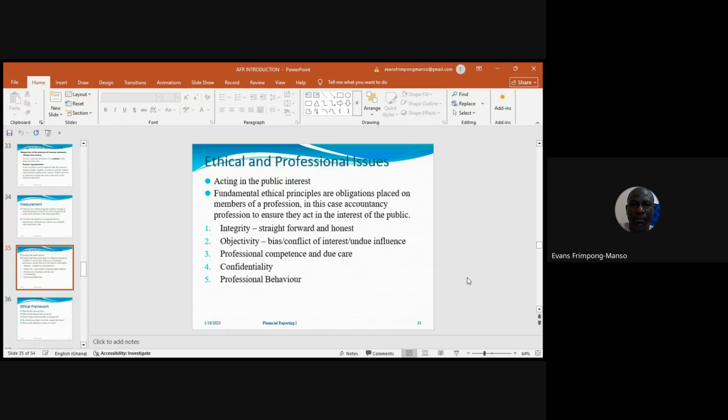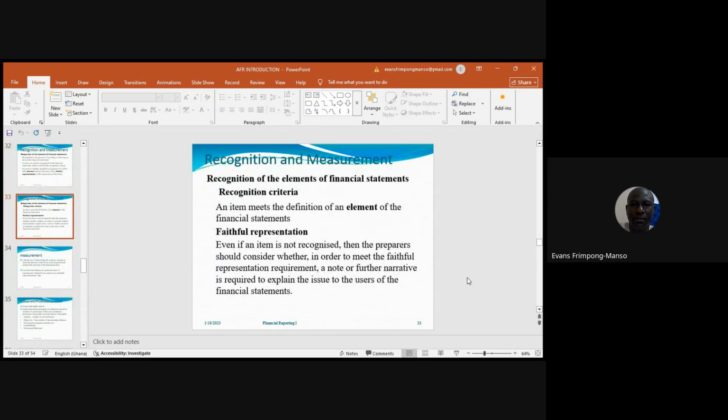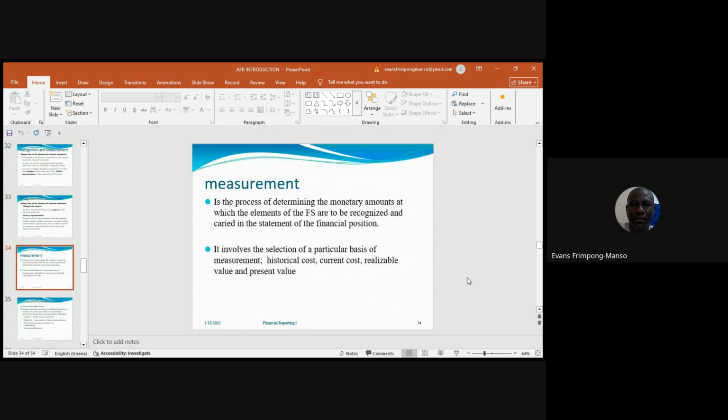So let's talk about each of them. Now, when you say you are using the historical cost, historical means history. That is the cost, the original cost at which you bought the item, is called the historical cost.